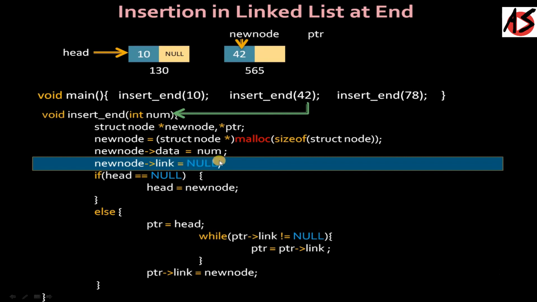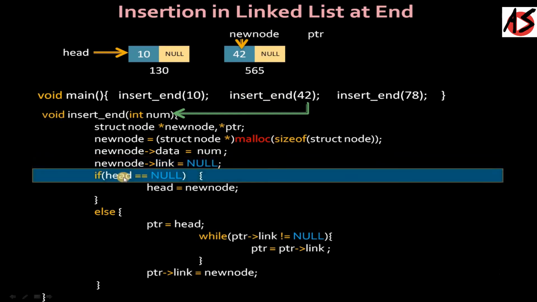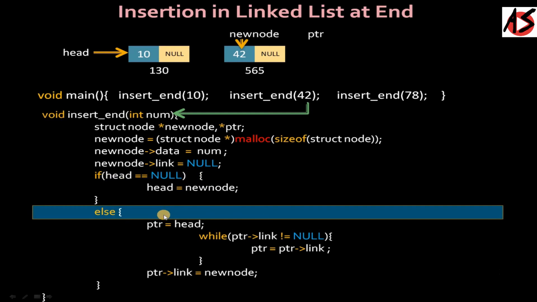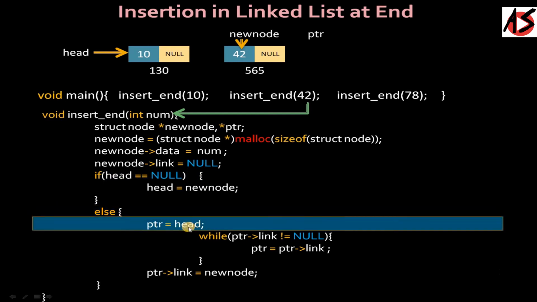In the new node link part, we are taking null. Now again we are checking the condition if head is equal to null. Now you can see head is not null, it is pointing to some node that has address 130. So the condition head is equal to null is false. So we go to the else part, and in the else part the first instruction is pointer equal to head. Right now pointer is not pointing to any node.